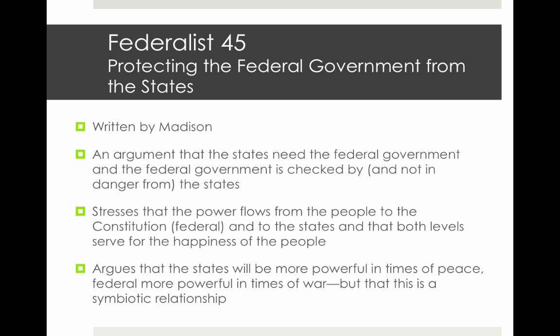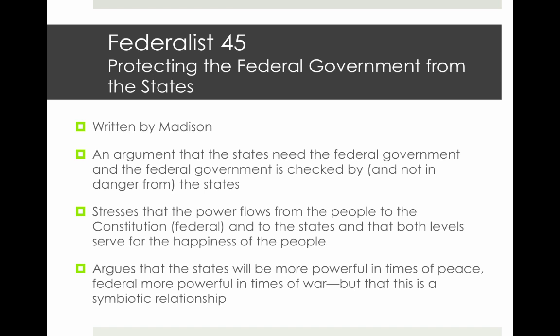And this argument that Madison lays out is that the states need the federal government, and the federal government is checked by the states. That the federal government is what ties it all together, but it certainly is not all-encompassing. It stresses that the power flows from the people to the federal government and the people to the states, so that in order for this fear to come true, you would need the power to go from the people to the states and then the states to the federal government.